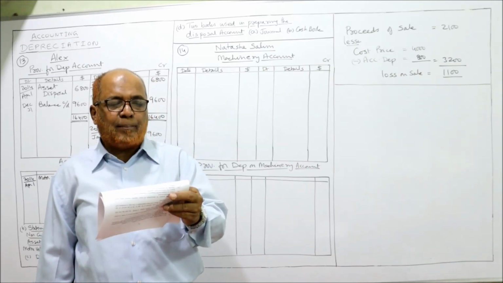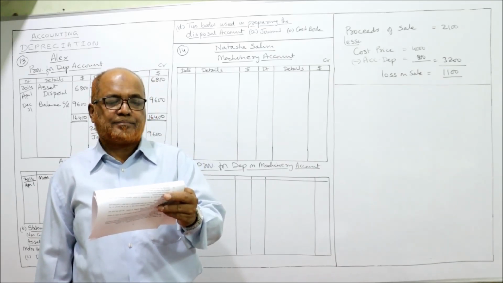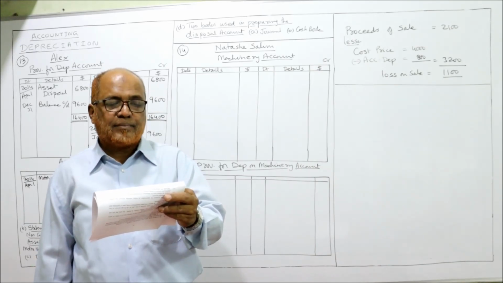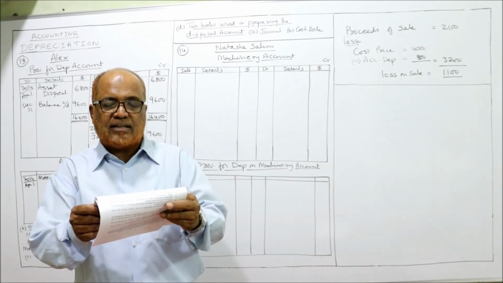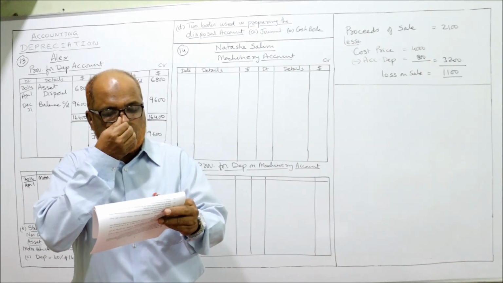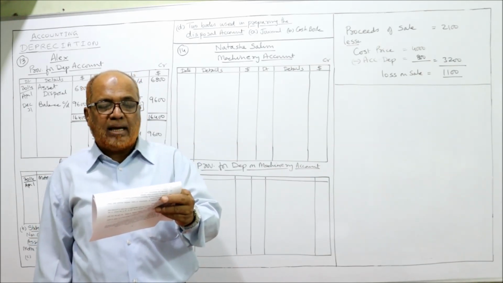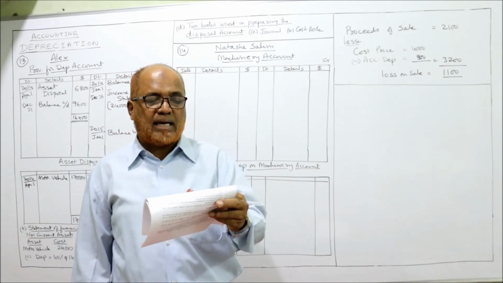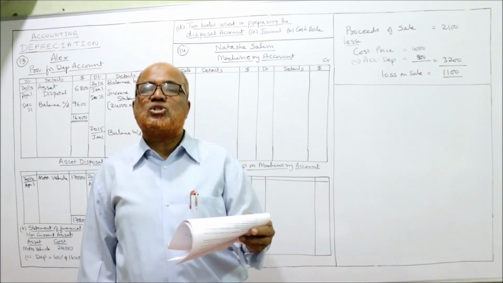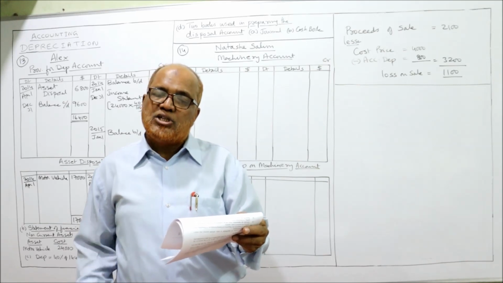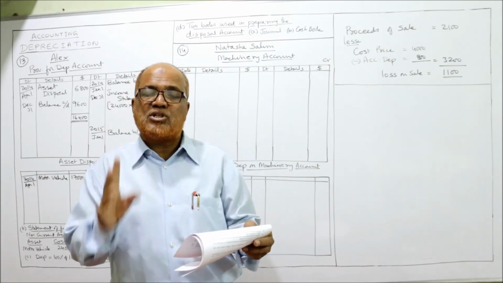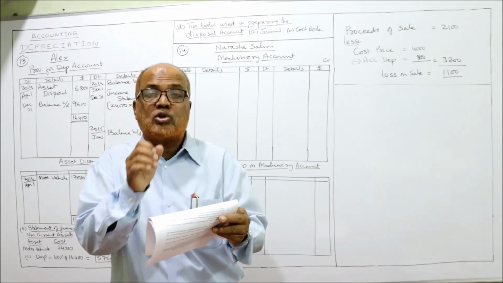On 1st February 2015, that means next year, Natasha Salim decided that the machine purchased on 1st October 2013 was no longer required. She sold it for $2,100 cash. On 1st Feb 2015, she sold away the first machine which was purchased on 1st October 2013.